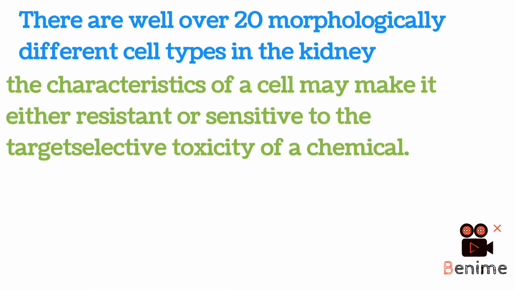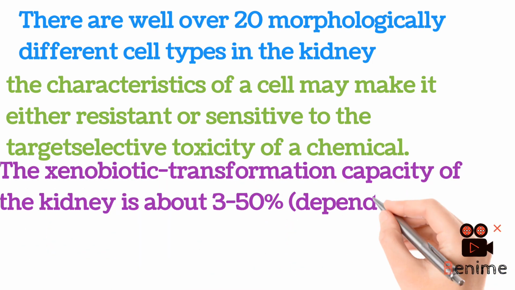The characteristics of a cell may make it either resistant or sensitive to the target selective toxicity of a chemical. So there are around 20 different cells, and their characteristics may make them either sensitive or resistant to the toxicity.